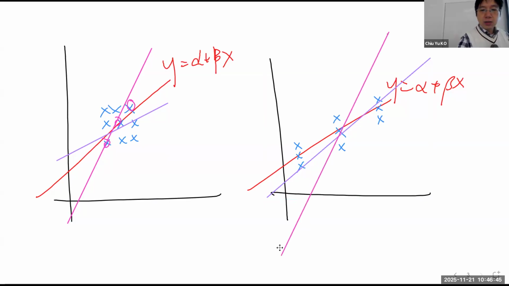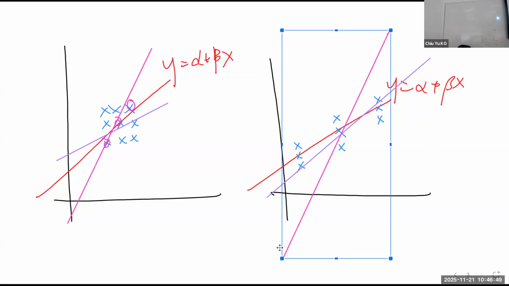So you will see this one is less steep compared to this guy. This guy is much more flippy, the slope has more variation. In this case the data are more concentrated around the center of X. This one is more spread out. The more spread out, the less the slope differs. So it's inversely related.